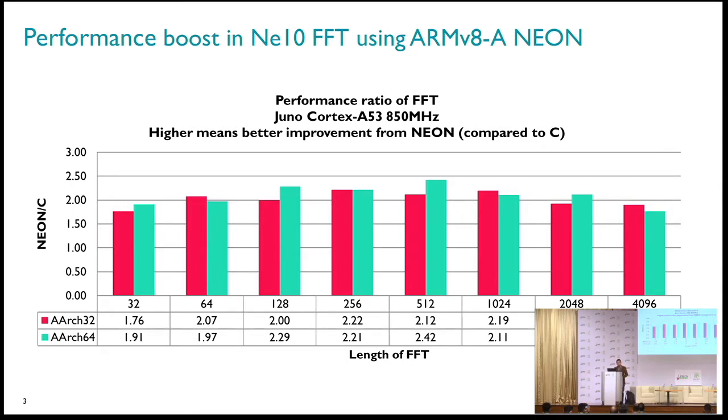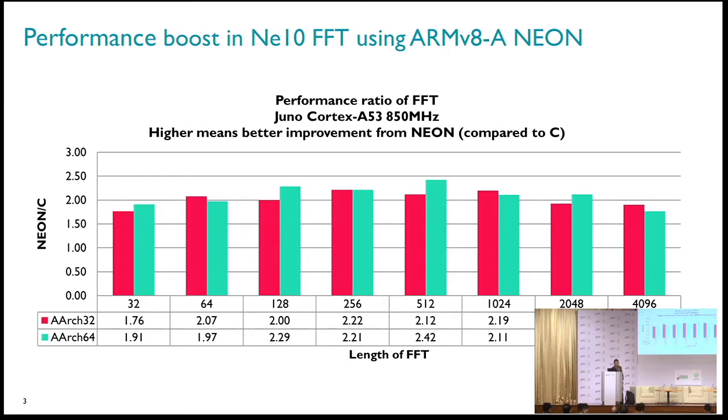Neon is a general purpose SIMD engine. It can accelerate multimedia and signal processing algorithms. The figure here is the performance ratio of FFT. The horizontal axis is the length of FFT from 32 to 4096.